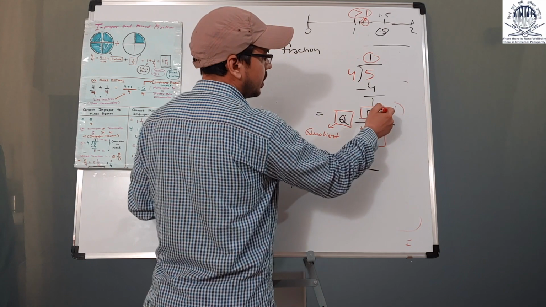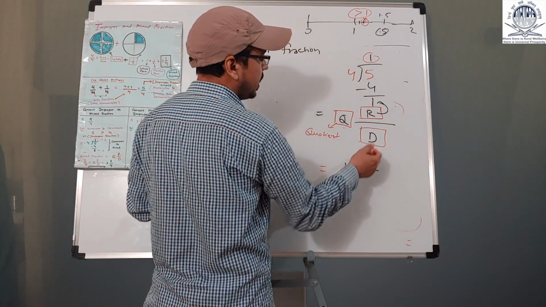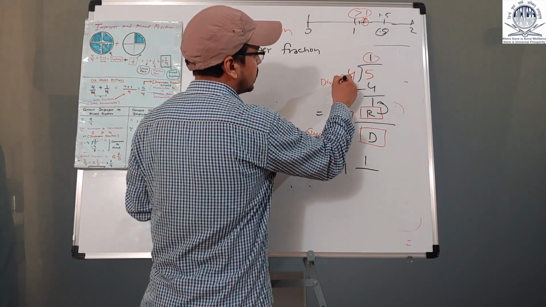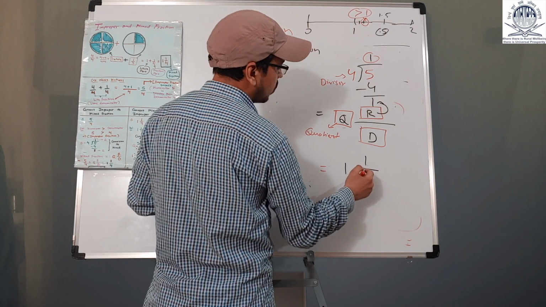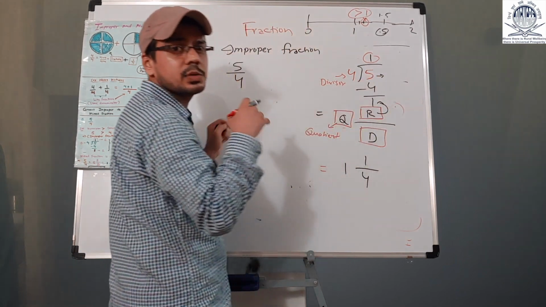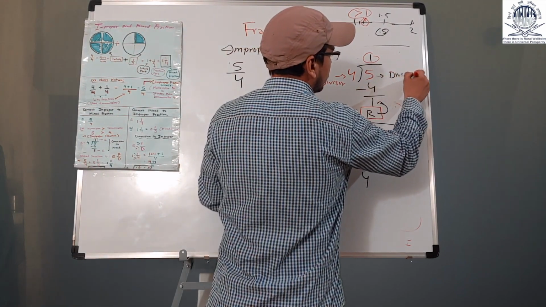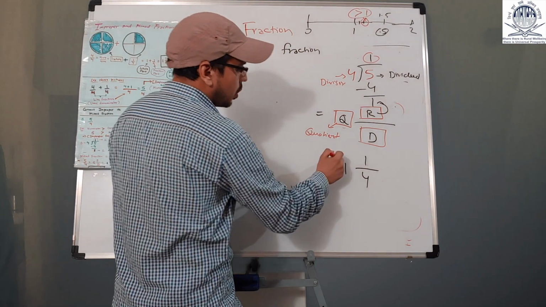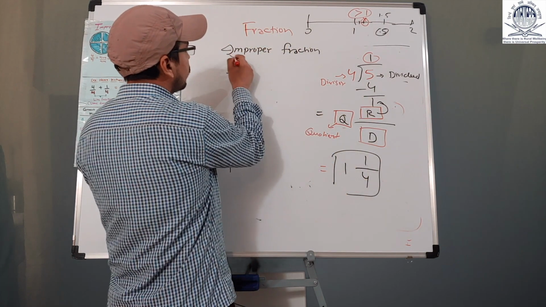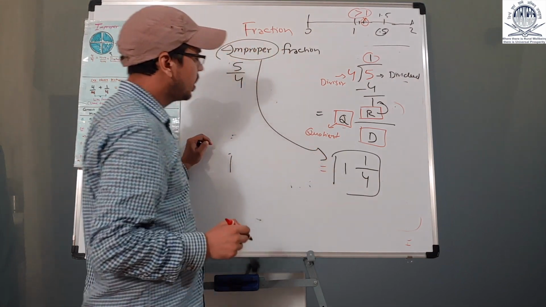R being the remainder, which comes as 1, and D being the divisor, that is the number which divides. So my D is over here 4, and I'm sure you know the number which is being divided is called the dividend. So whenever you want to convert, we write in the form Q R by D. Conversion from improper to mixed, you can do this way.